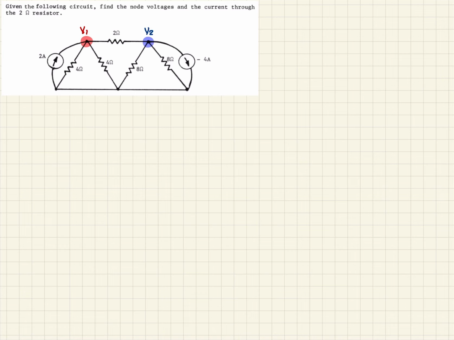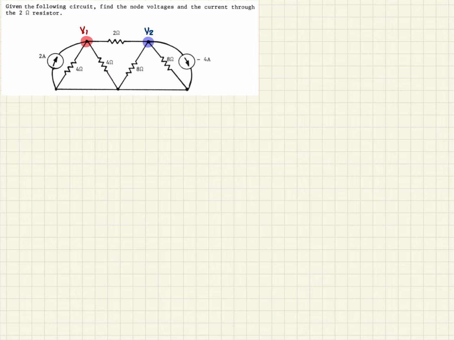So now let's see if we can determine what our equations are for this. And remember, we're going to calculate the current entering and leaving each node and set that equal to 0. So let's look at that.